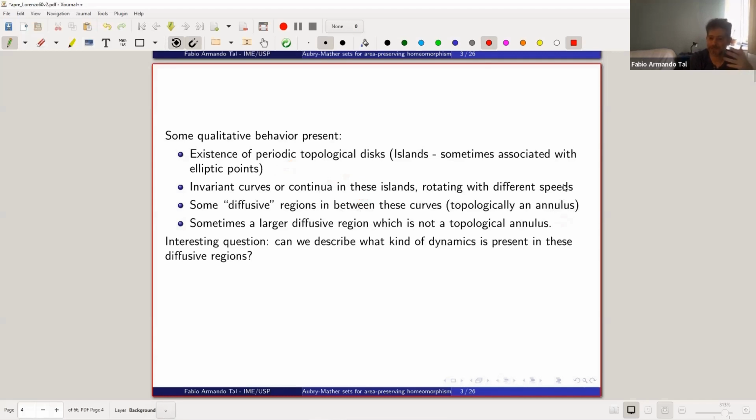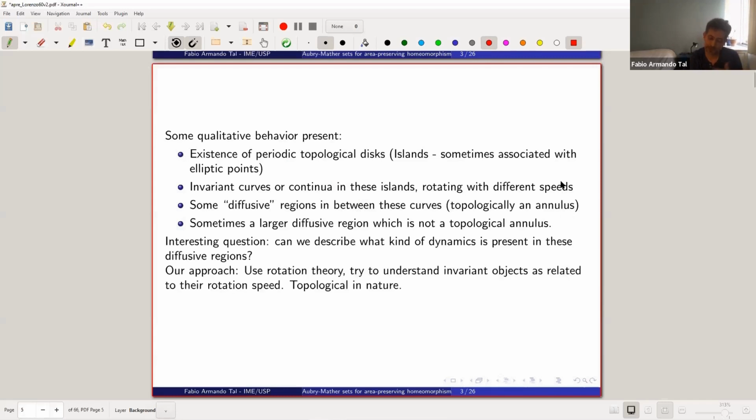And the question is, well, how much can you say? So how much dynamics is there in between these two curves, in one of these diffusive regions, which are usually annular regions in particular? And the idea here is to try to understand what the dynamics is in these annular regions. And I'm going to use one approach, which is to try to see it through rotation theory.